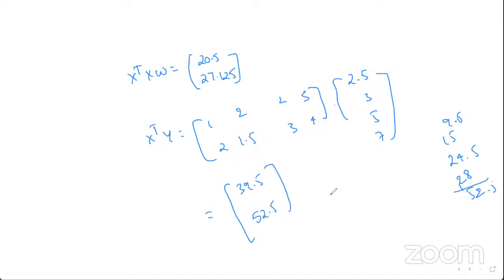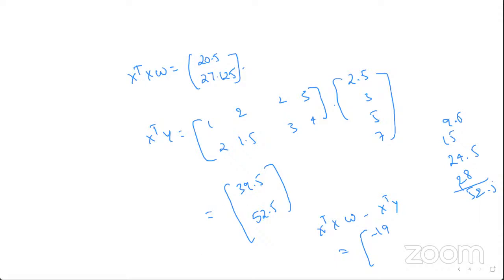Okay, so now the gradient, it's going to be equal to what? X transpose X, W minus X transpose Y, right? So basically this minus this, which is going to give you 20.5 minus 39.5. How much is that? Minus 19. And this 27.125 minus 52.5, that's going to be how much?